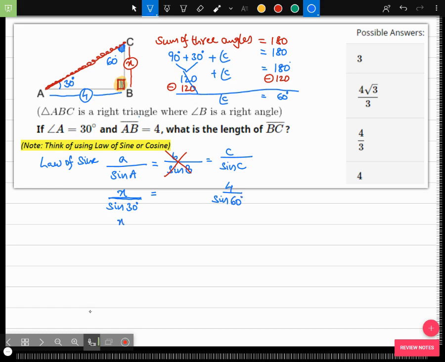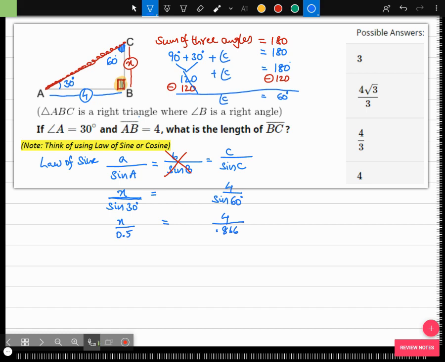The value of sine 30 is 0.5, equals 4 over sine 60. As per my knowledge, it is going to be root 3 over 2, but still let me use my calculator and check sine 60. 0.866. In fact, root 3 over 2 also gives you the same value.